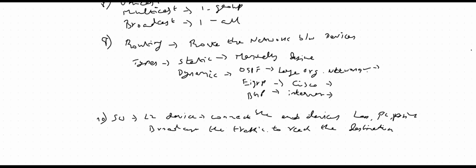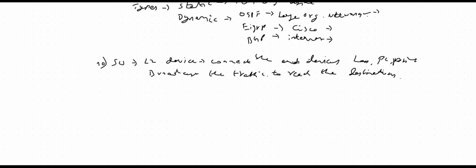Which is a layer 2 device. There are layer 3 devices as well. It can do some advanced features. Layer 3 switches: previously we can segregate groups as VLAN, and here inter-VLAN communications can happen. Do you get what I'm saying?